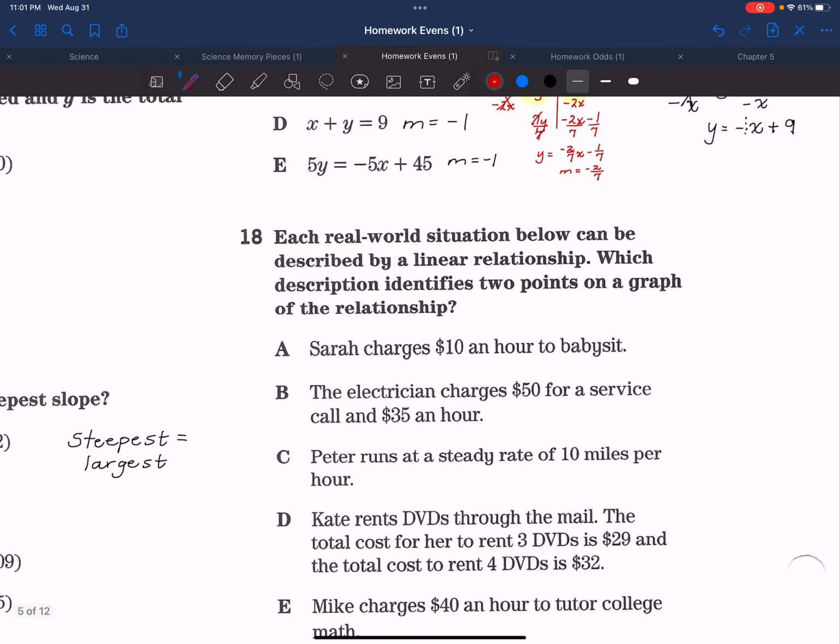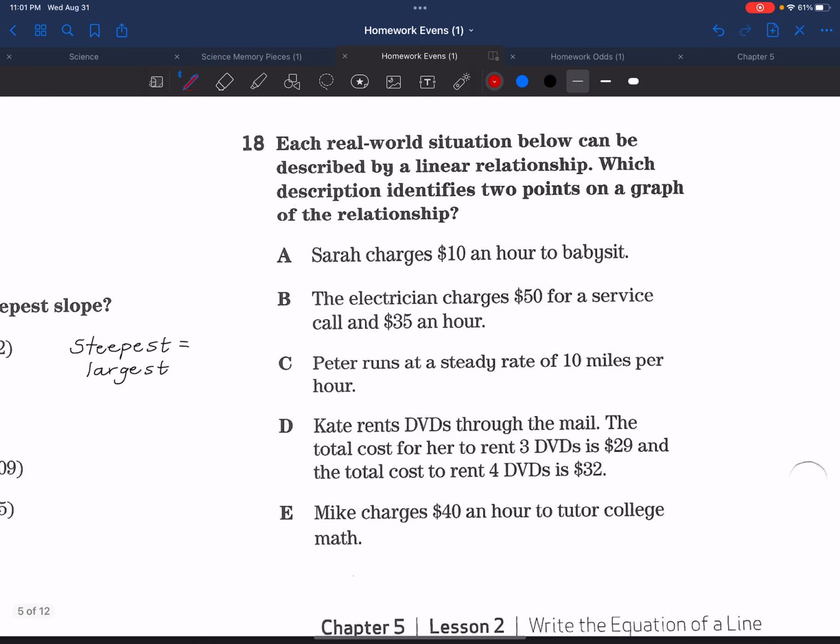Number 18. Each real-world situation below can be described by a linear relationship. Which description identifies 2 points on a graph of the relationship? So what they're wanting me to do is to take a look at each scenario and figure out the one that identifies 2 points on a graph.